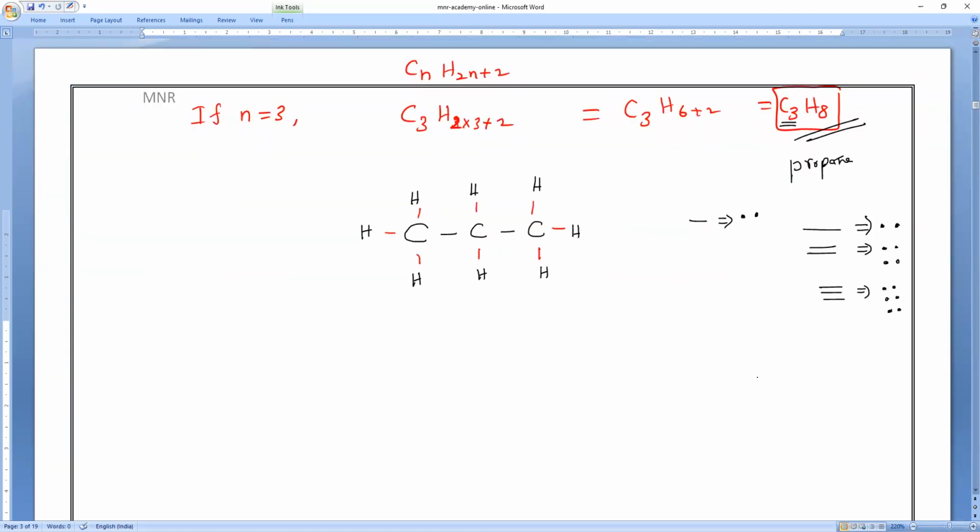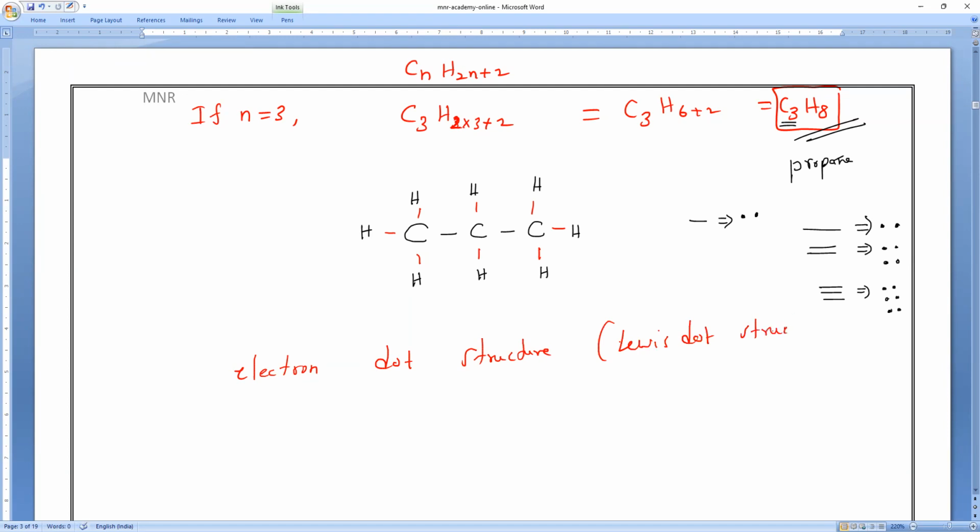Why am I saying this? Now we are going to draw the electron dot structure, or Lewis dot structure, of all the compounds.